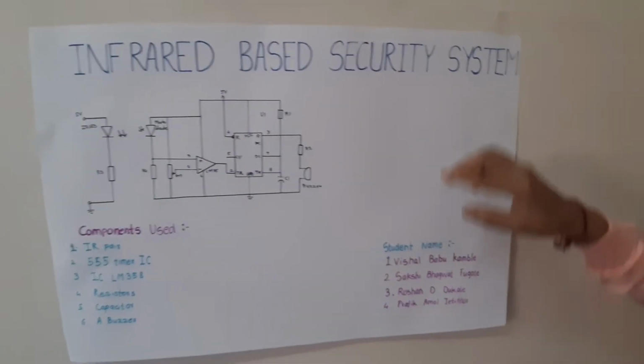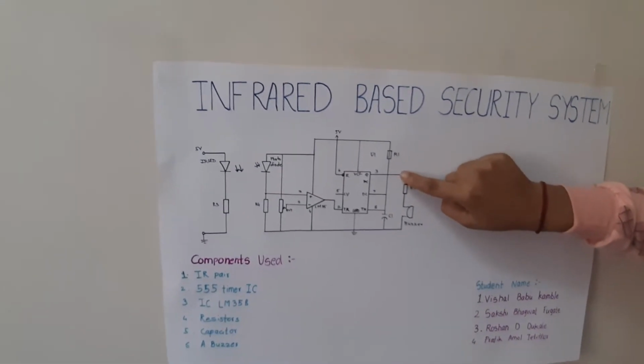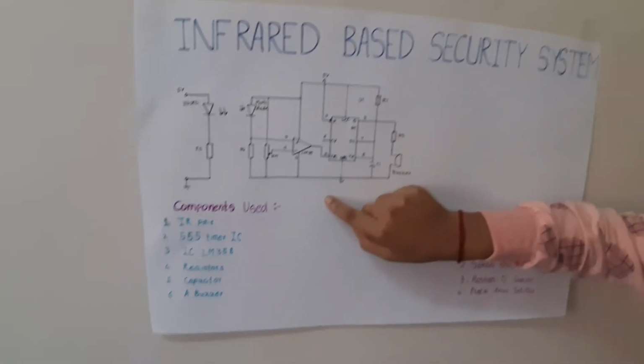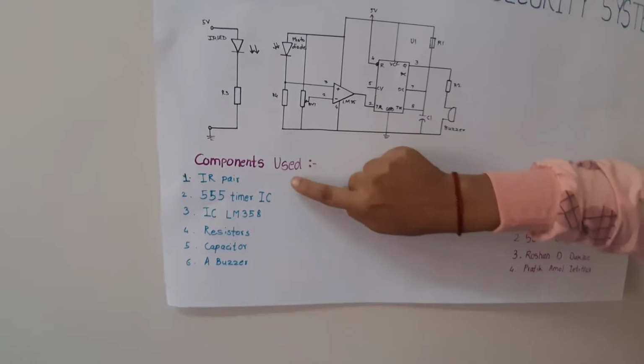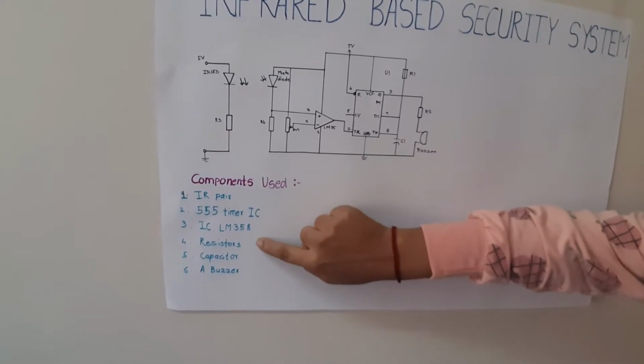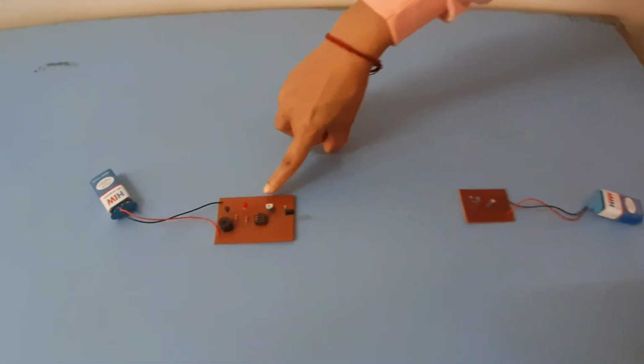In this infrared security system, this is the main circuit diagram. In this circuit diagram, we have used the main components: IR sensor, 555 timer IC, IC LM358, resistors, capacitor and one buzzer. This is the transmitter circuit, and this is the receiver circuit.